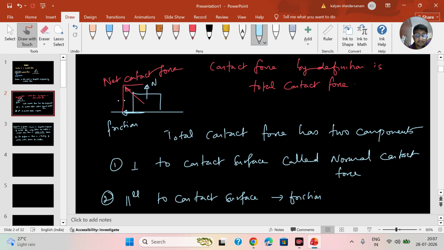For example, in this case, the lower surface of the block and the ground are in contact, and hence I am able to draw friction.